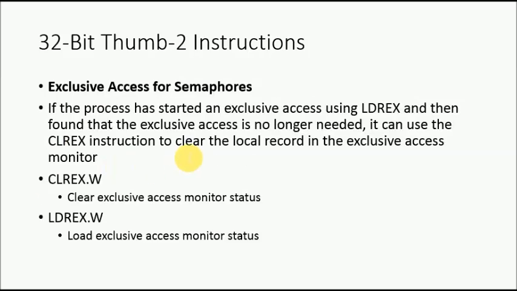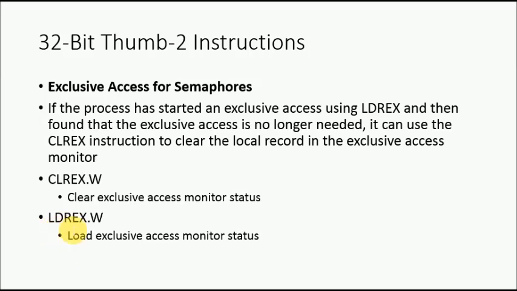The next instruction is the exclusive access for the semaphore. We know the concept of semaphores, which control the resources in the operating system. Semaphores allow only one particular device to use one resource. So for controlling that, if a process has started an exclusive access using the LDREX instruction and I want to use that resource, I have to use the instruction load exclusive access monitor status, that is LDREX.W.